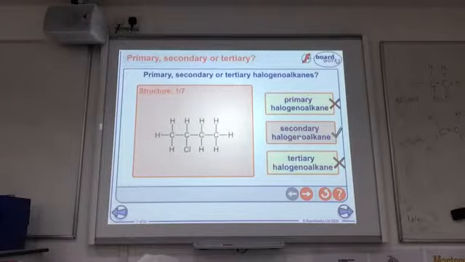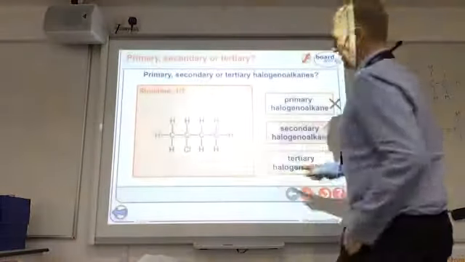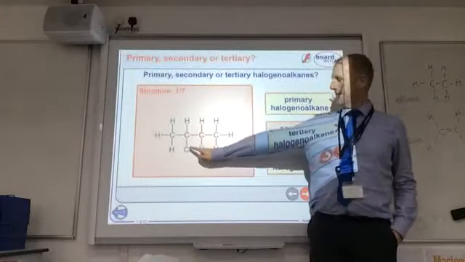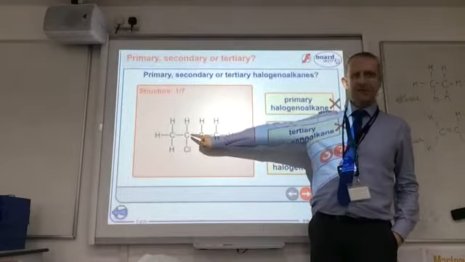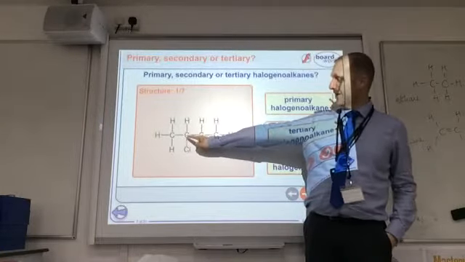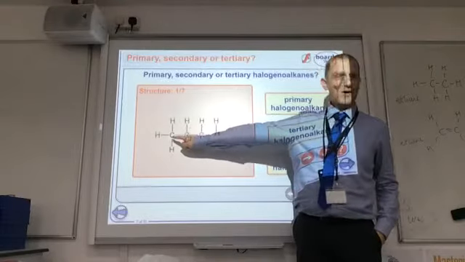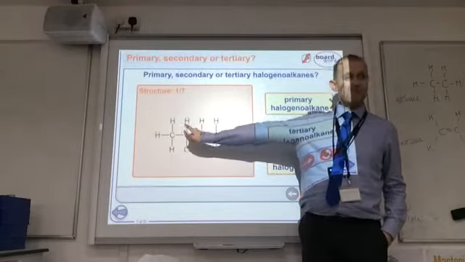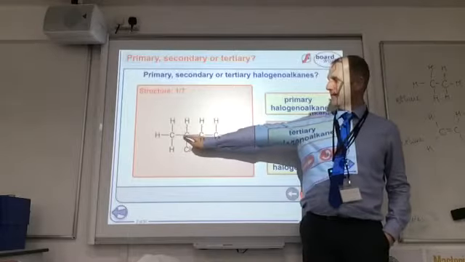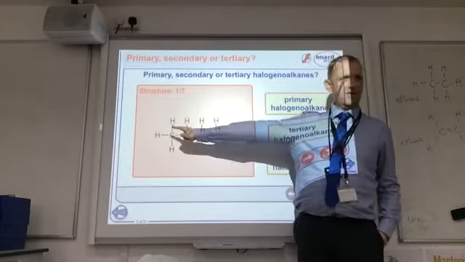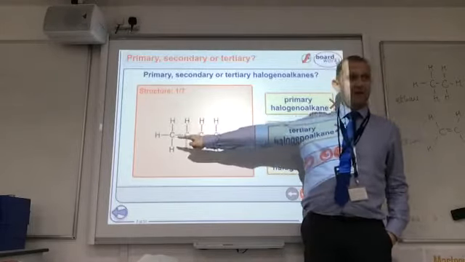Let's have a look just for a second why that is the case. This is your halogen here. Looking at this carbon, you could say it's attached to 2 different R groups, 2 different carbon chains, or that carbon itself is attached to 2 other carbons. That's what makes it secondary.